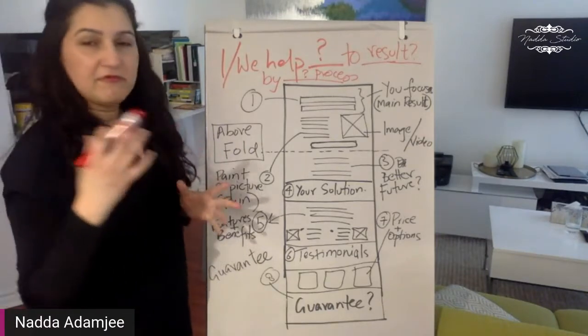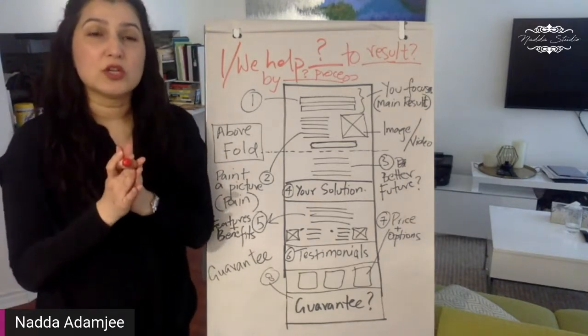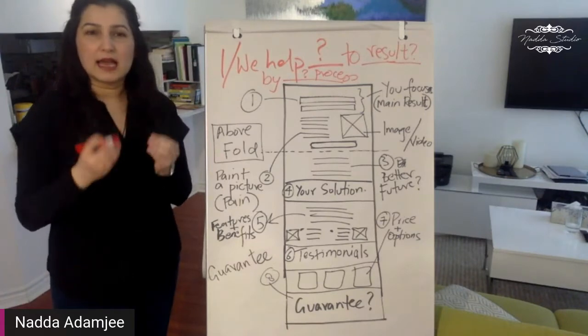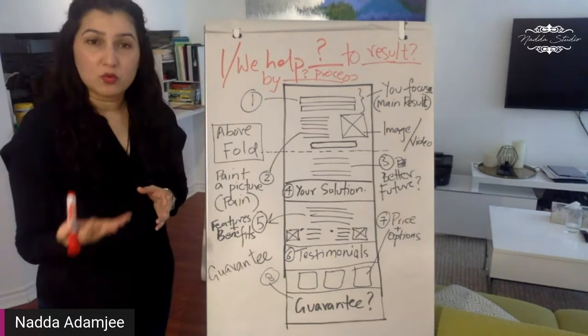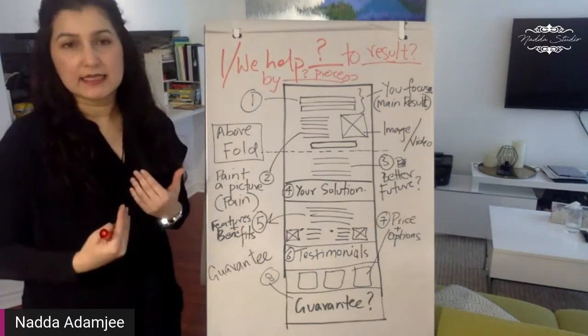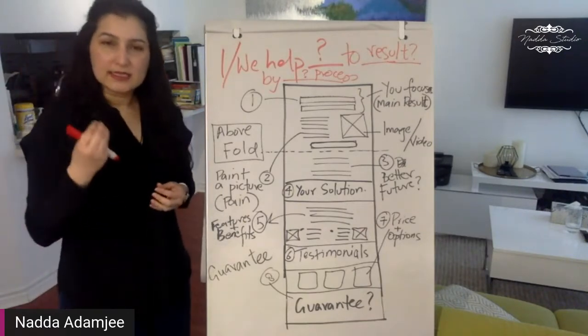So as I said, features and benefits are important because that is what's going to show your client what actually is in the offer. What is it that you're actually selling, and why do they need it, and why should they want to buy it immediately? Because there's a sense of urgency.